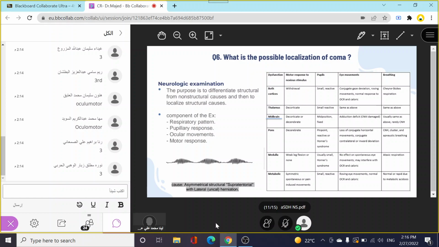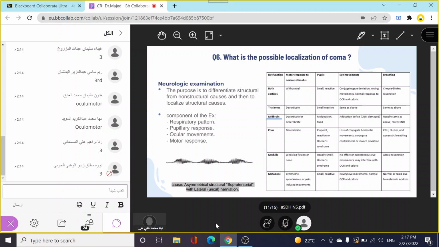So this is the diagram of the Cheyne-Stokes respiration, which is simply periods of deep inspiration with episodic apnea. So deep inspiration followed by periods of apnea and so on.